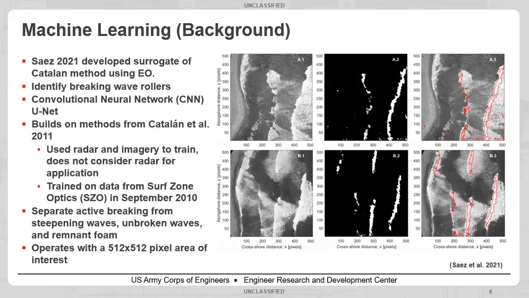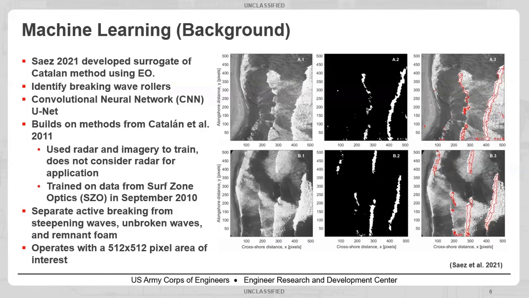So Francisco Saez and his group went ahead and built on those methods and incorporated it into a machine learning algorithm. So it's the same methods from before, where we want to take imagery and radar to help train this convolutional neural network, or CNN, and we want to be able to identify the breaking waves from it. So they used a different data set.